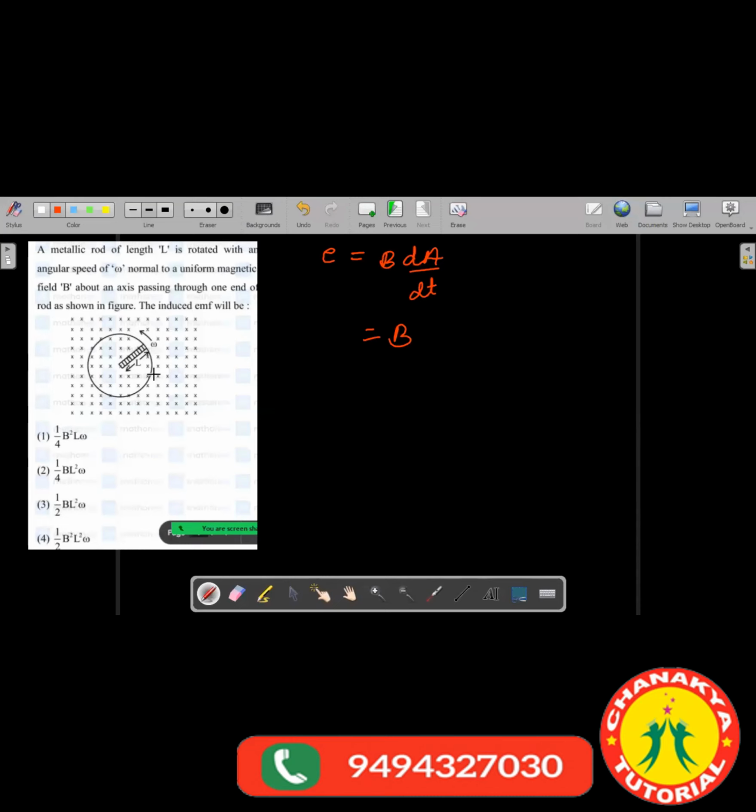See, it is sweeping out area. So you need to find out what will be the area covered, given the radius and how much area it is covering in a given time.